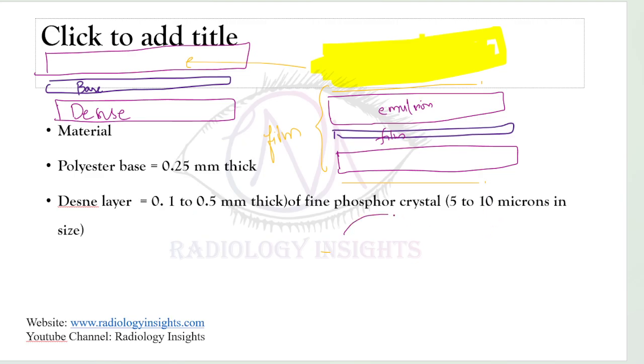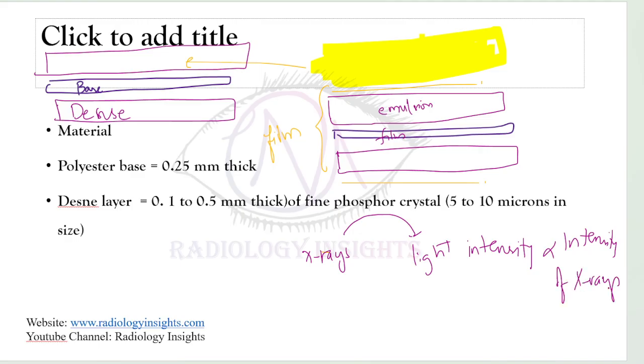These phosphor crystals absorb the X-rays and emit light intensity proportional to the intensity of X-rays. This screen converts the pattern of X-ray intensities emerging from the patient into one of light that is then recorded on the film.